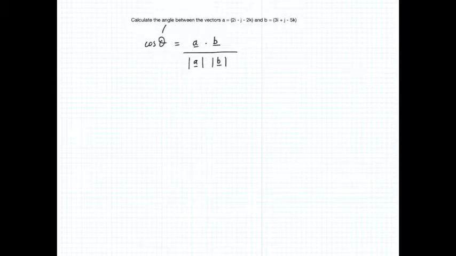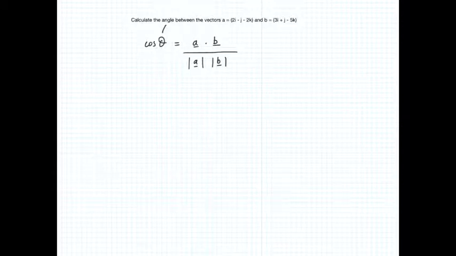So the equation that we need is cos of theta, theta being the angle between them, equals the dot product between A and B divided through by the multiplication of the magnitude of both vectors multiplied together.